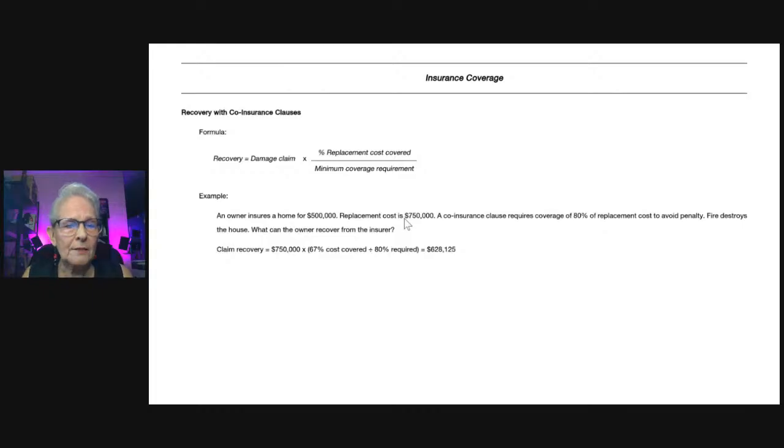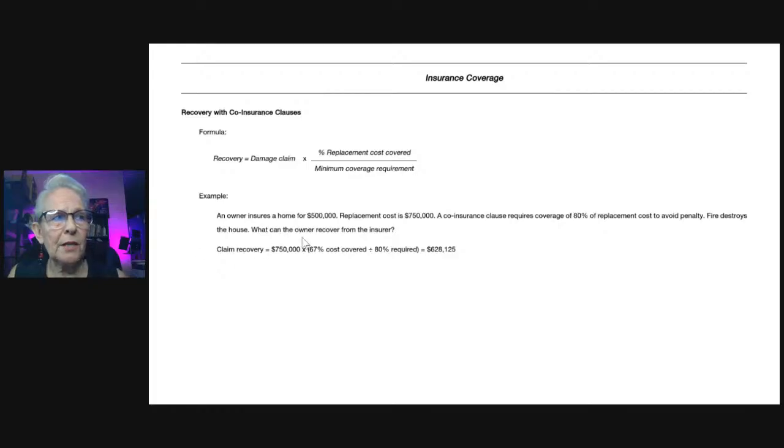Replacement cost is $750,000. A co-insurance clause requires coverage of 80%, meaning the insurance covers 80% of the replacement cost, to avoid any penalty. Fire destroys the house. What can the owner recover from the insurer?